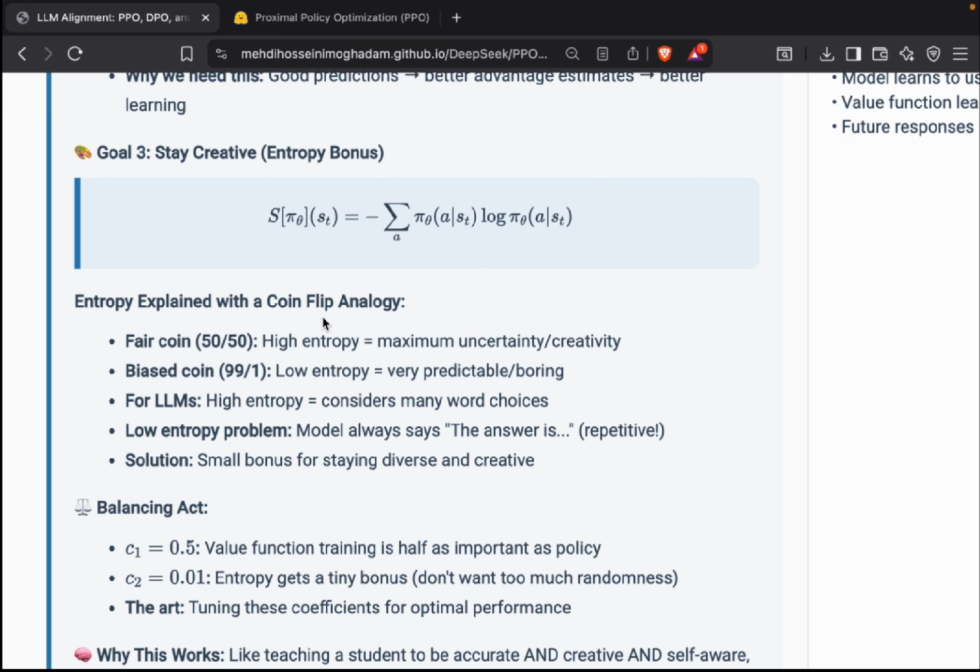Technically you need precision there. You don't want it to be creative, you want it to be accurate. But sometimes, when you want to write an essay or write code, you need it to be creative. So that's why we need this creativity here.